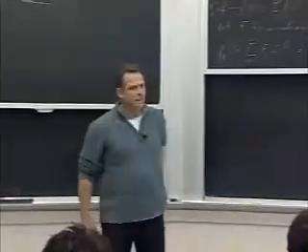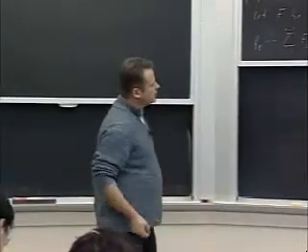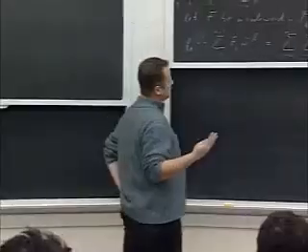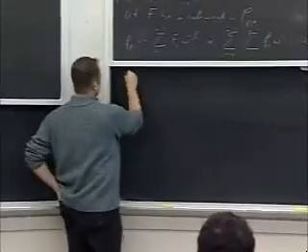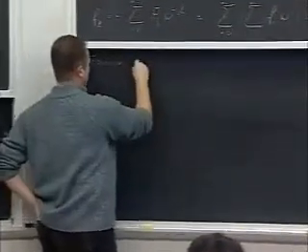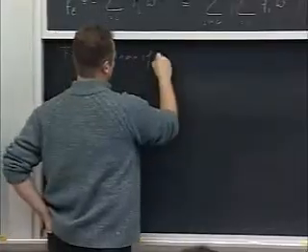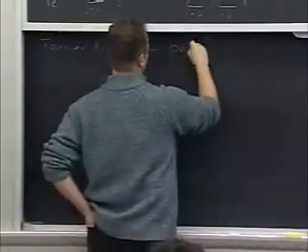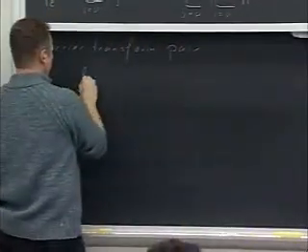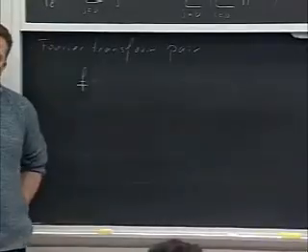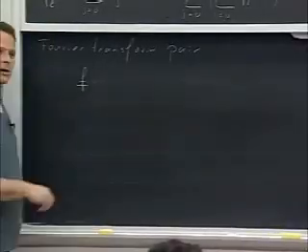So what do we really have here? We have everything we want from a Fourier transform, right? We have a Fourier transform pair. We have a vector f, which we can think of as being in the frequency domain.